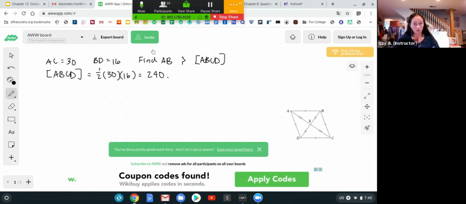Okay, so that was pretty simple, right? Next we want to find AB. Let's start with the diagram and look through it. All sides of ABCD are congruent because it's a rhombus, and the diagonals bisect each other. If we look at the tick marks of each triangle that's formed, we can figure out that they have congruent sides.